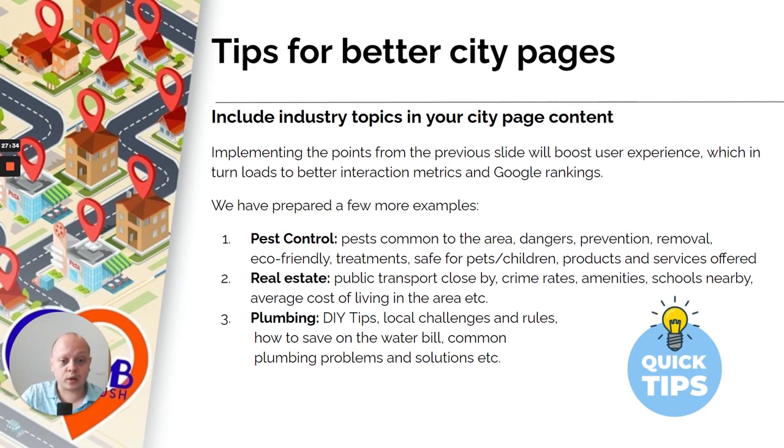How to save on your water bill, little tips and tricks, and of course common plumbing problems and solutions. These are just a few examples of industry topics that you can talk about on your city pages, and we highly recommend utilizing that. Google will definitely like it.